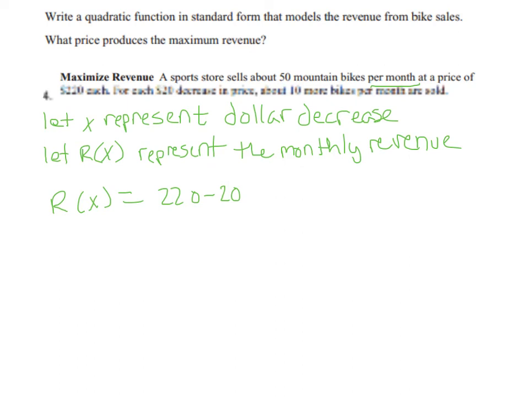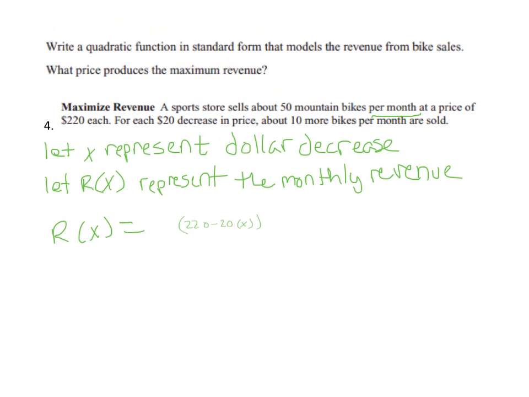We don't know how many though. Now to get the revenue, it's the cost times the number of items sold. There's the cost. The number of items sold now would be 50 plus 10x.